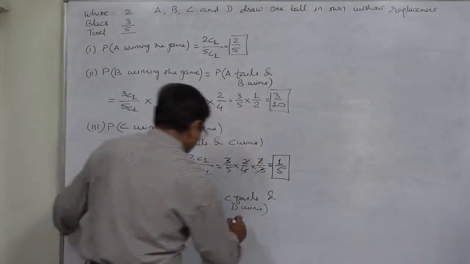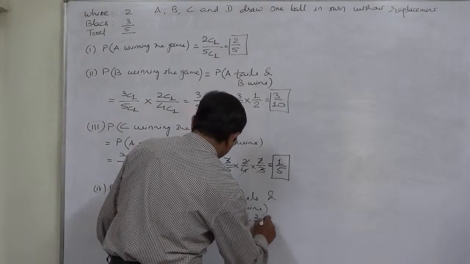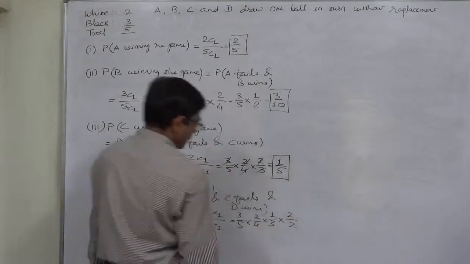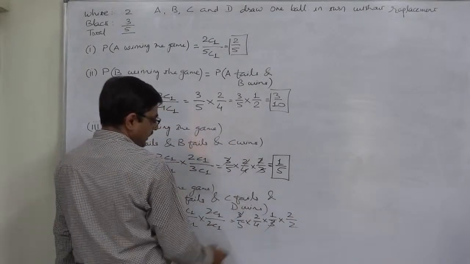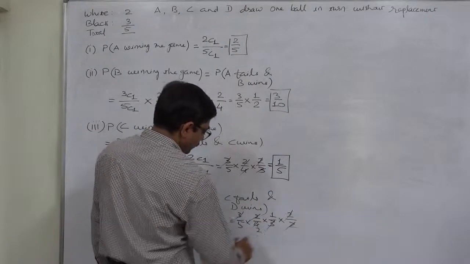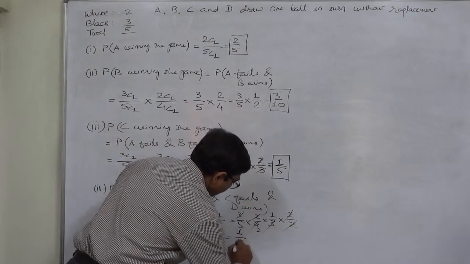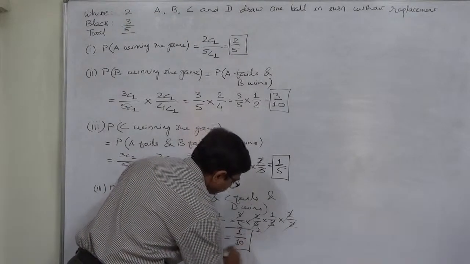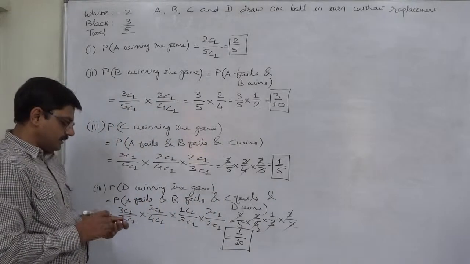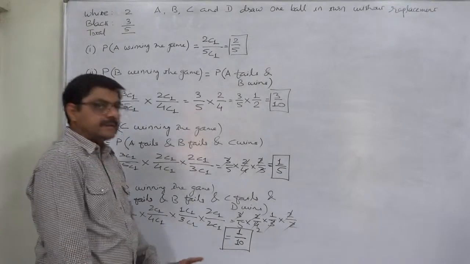That means 3 by 5 into 2 by 4 into 1 by 3 into 2 by 2. Yes, cancel 3 and 3, cancel 2 and 2, cancel 2 with 4, so it is 5 into 2, 1 upon 10. The probability that D wins the game is 1 by 10.